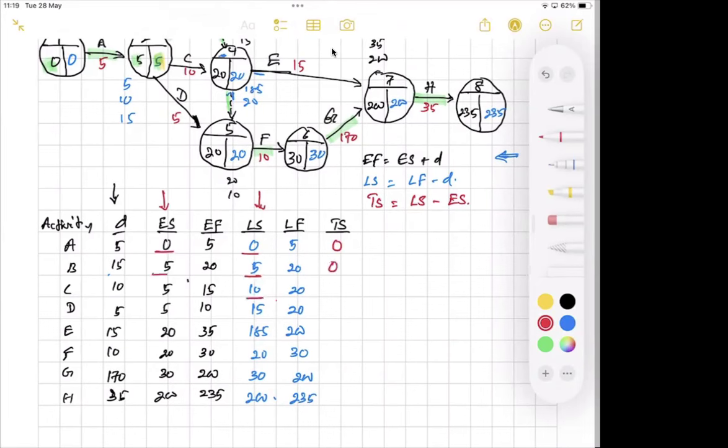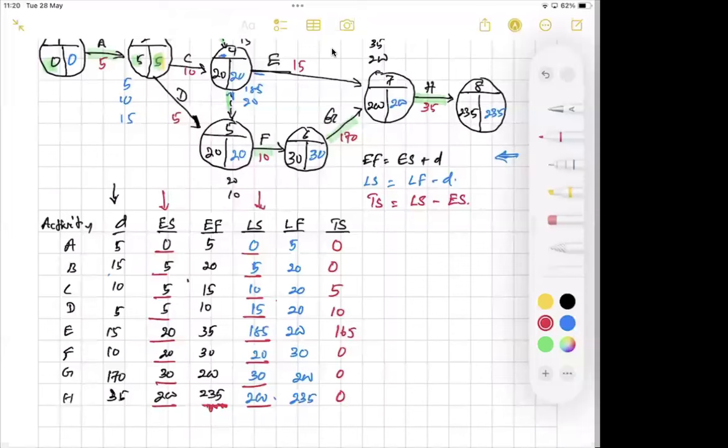Activity C, 10 and 5, difference is 5. Activity D, 15 and 5, difference is 10. Activity E, 185 and 20, the difference is 165. Activity F, 20 and 20, 0. Activity G, 30 and 30, 0. Activity H, sorry, 200 and 200, 0. Right?